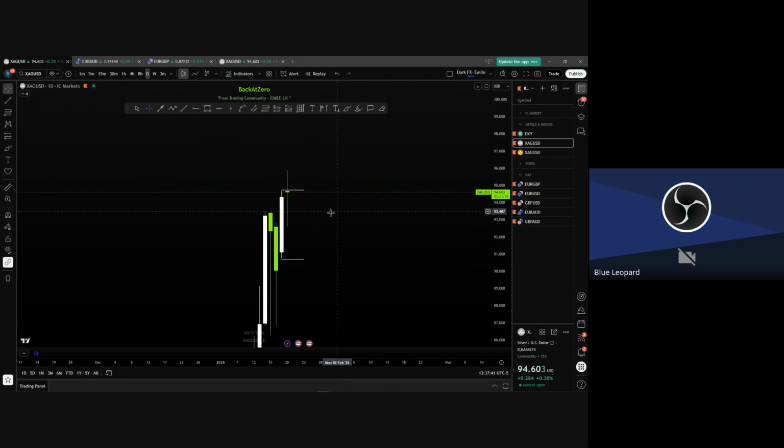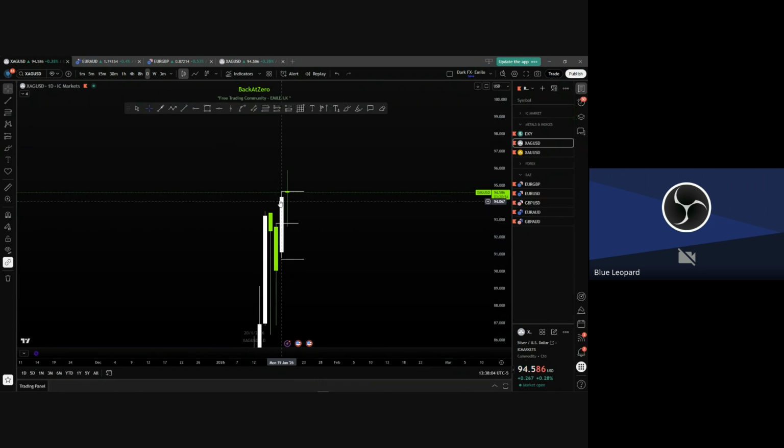Now you ask yourself, that candle, how does it close according to the previous one? Then you mark the high or the low of the candle prior to that, the one before yesterday, because this is yesterday, Monday, right? This is the Friday candle. How did we close on Monday?